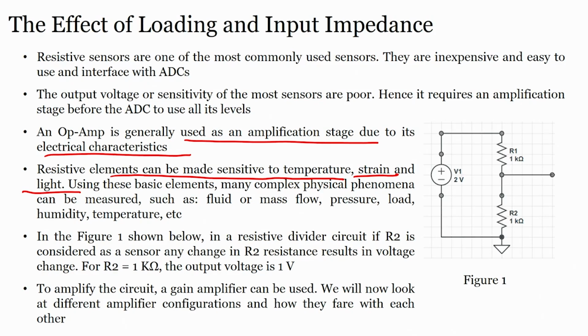So, using these basic elements, many complex physical phenomena can be measured, such as fluid mass, pressure, load, humidity, temperature, etc. What is the basic element? Just that there is a change in resistance.